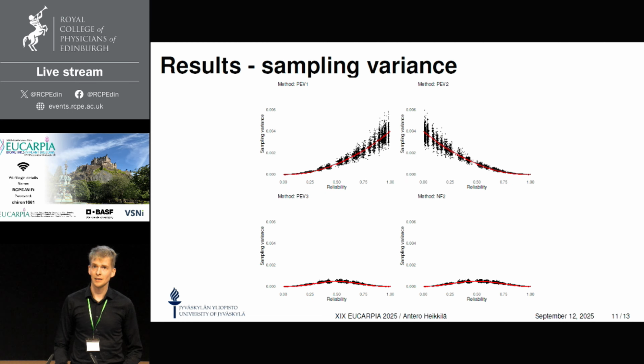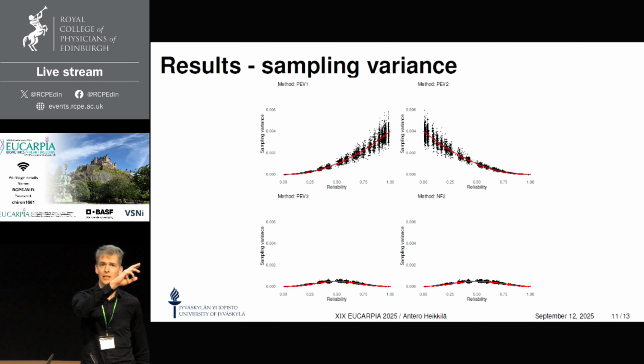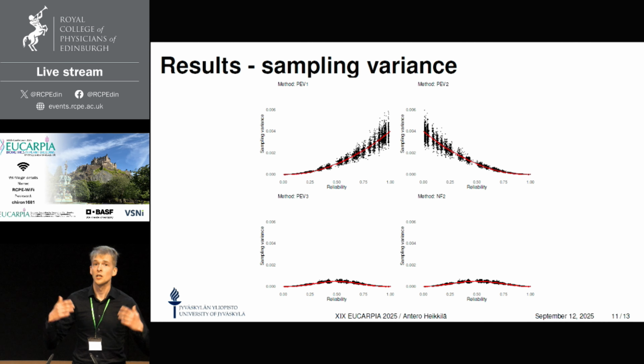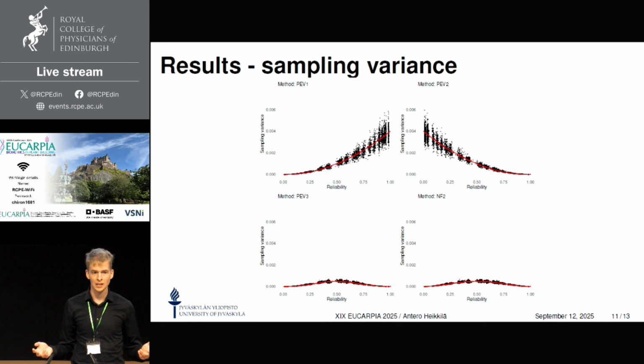We can see that the sampling variance increases when the reliability increases, and the higher the sampling variance, the more uncertainty there is in the approximation, so the worse the approximation is.